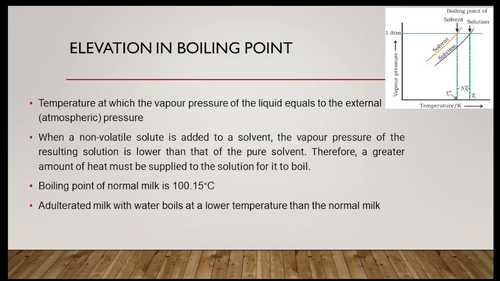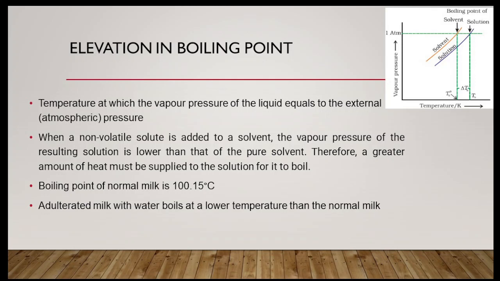As we have seen in the case of the freezing point of milk, the adulteration of milk with water will lower the boiling point of the milk. That is, when we add water, the milk will start boiling before it reaches 100.15 degrees Celsius.